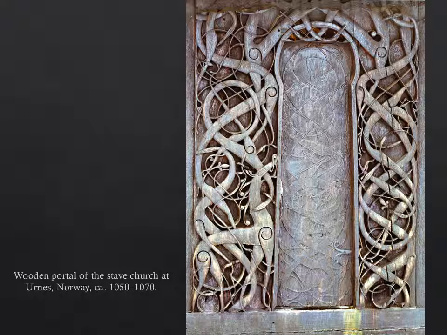So while this does come from a Christian church, the rest of the church, by the way, no longer exists. We just have a few items left. What we're going to see is that even though this was a Christian church, this is a very Viking motif, a very traditional ancient motif that the Scandinavians would have used, being incorporated into this Christian church's door.